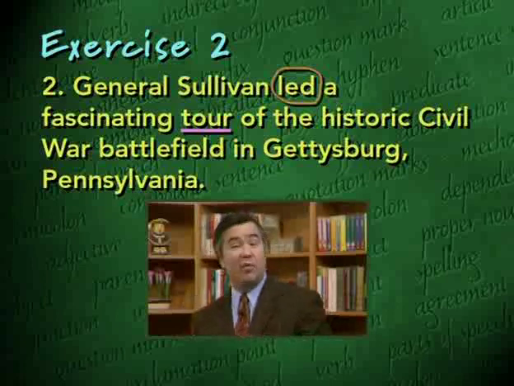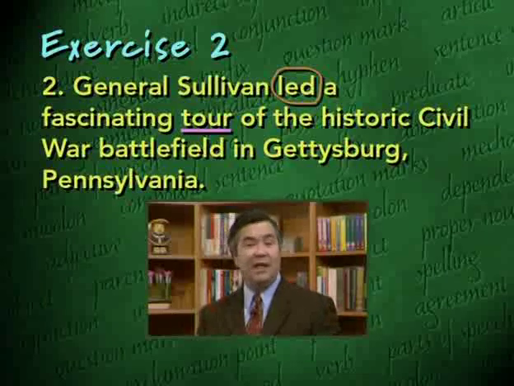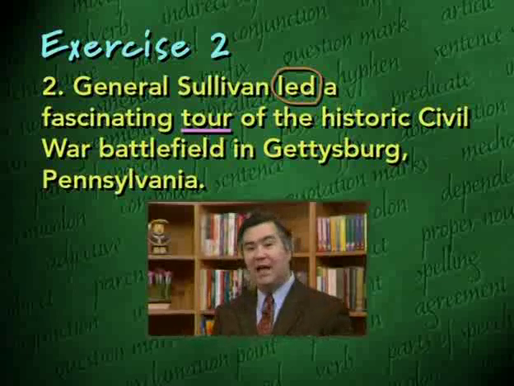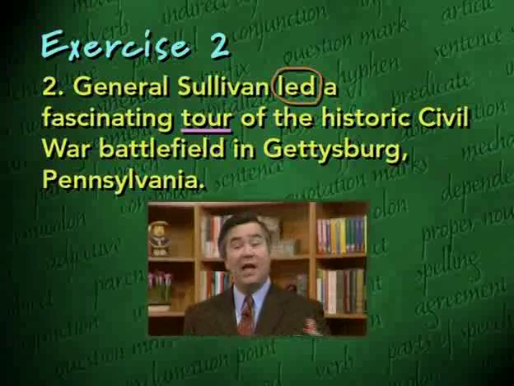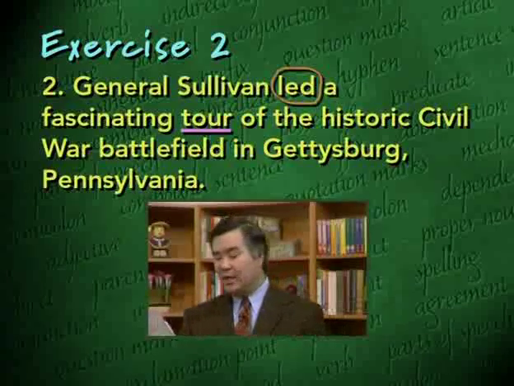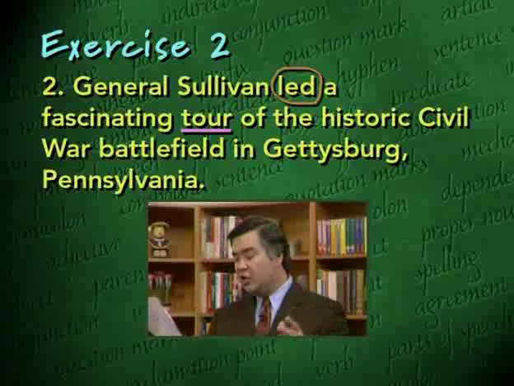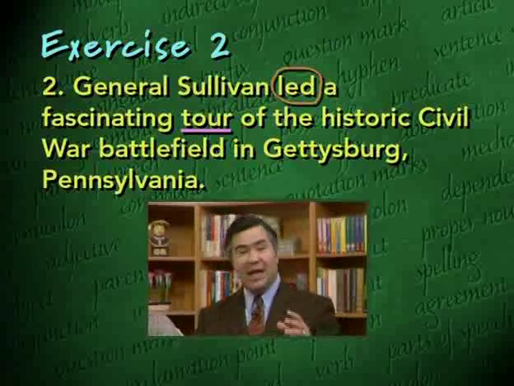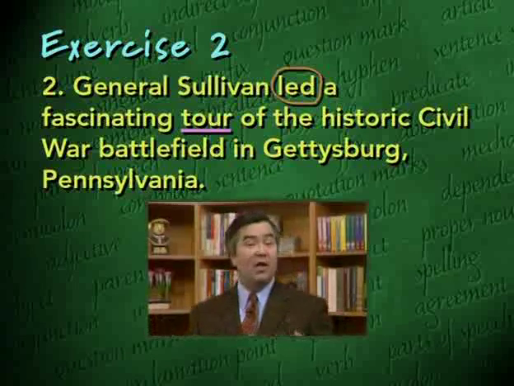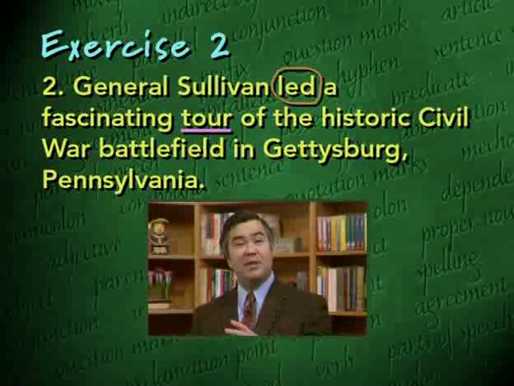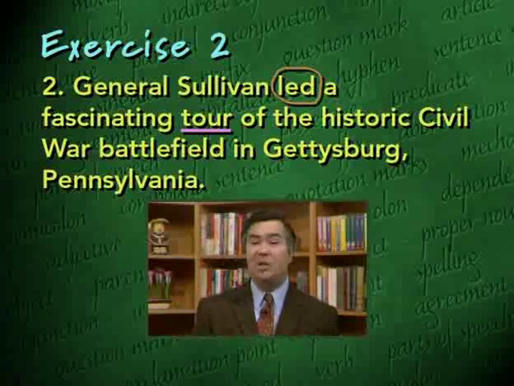Notice that all the other words that follow the word tour in this sentence again go to give more information about the action. They don't receive the action directly, they just give more information about it. What kind of tour was it? It was a tour of the historic Civil War battlefield. And where was that battlefield? In Gettysburg, Pennsylvania. Those two groups of words are prepositional phrases, and the prepositional phrases give more information about the action.